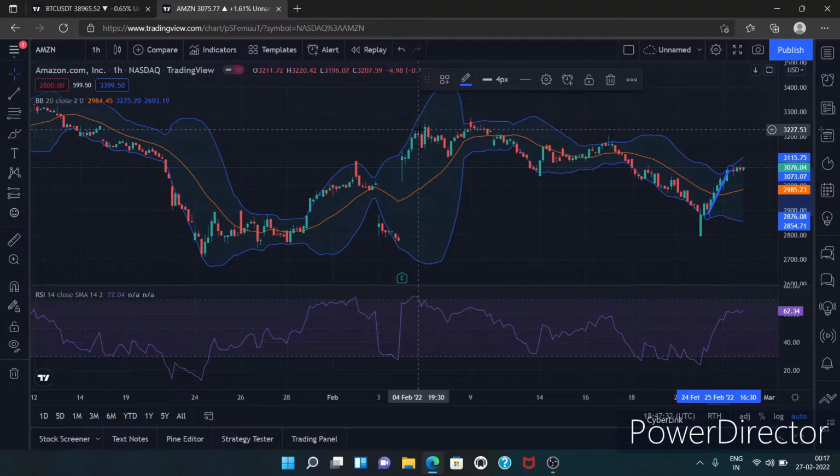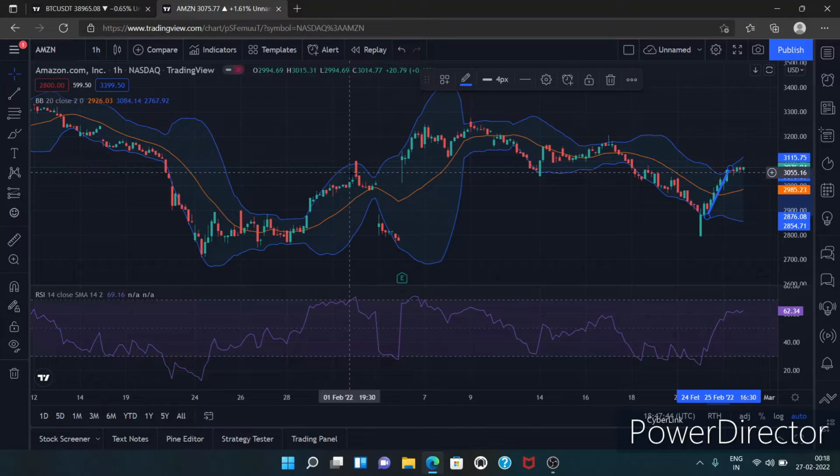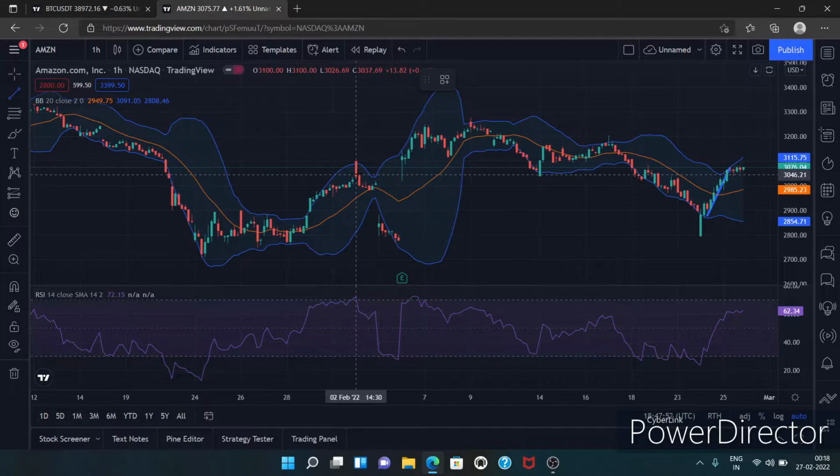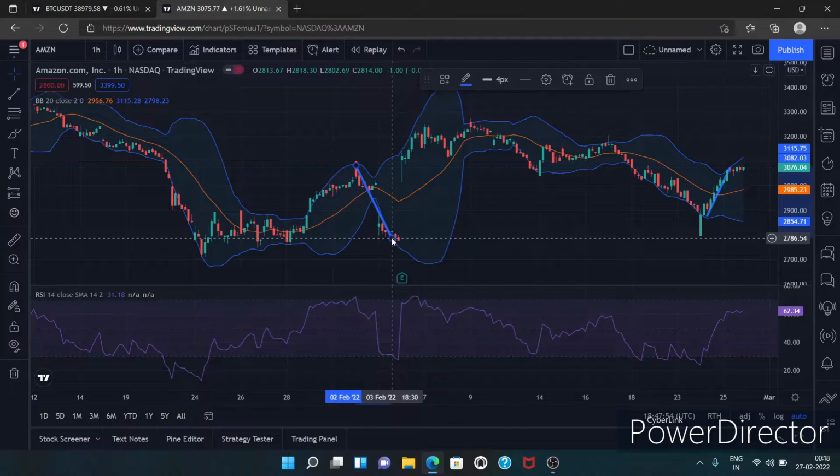For example, if you look over this point, the stock is not touching the resistance level. The stock is near the resistance level. But if you look at this point over here, the stock is in overbought region as well as it is touching the resistance level. As a result of this, we can see a down move, this being a sell signal.